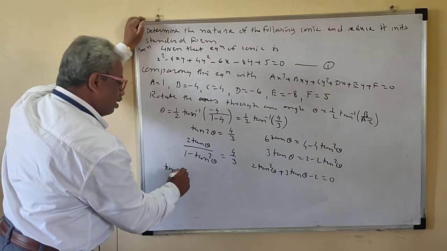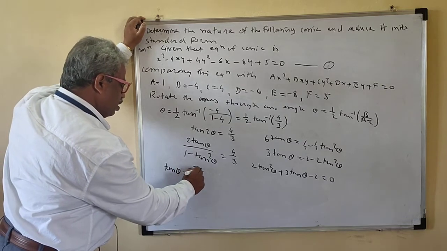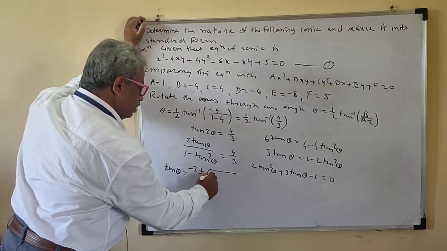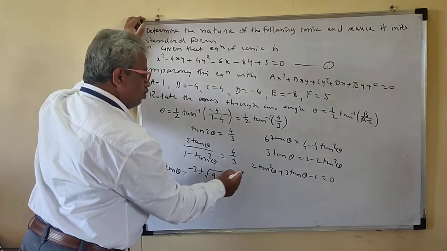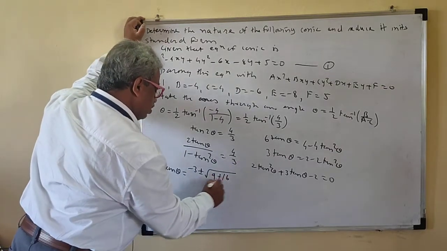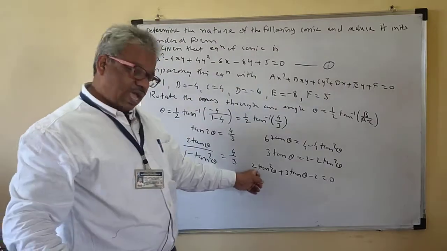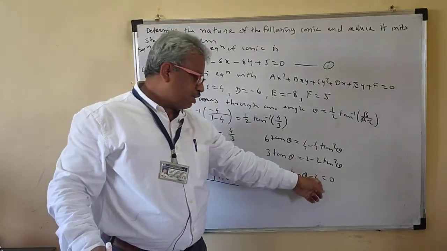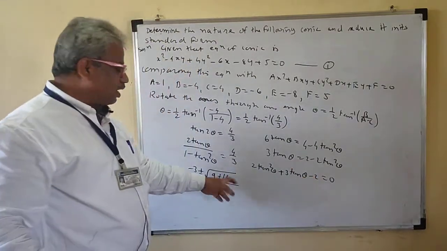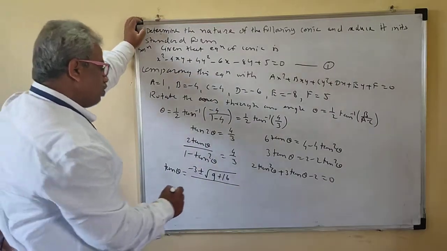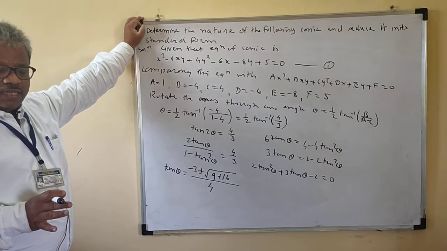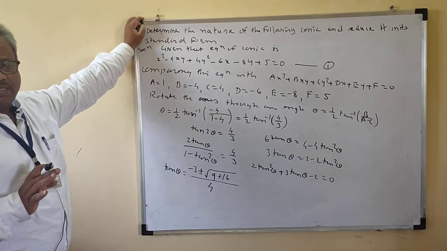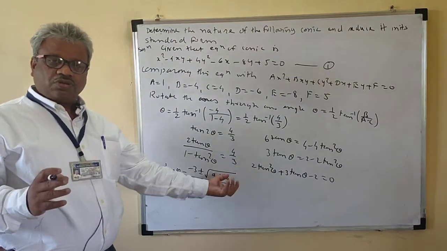So tan theta is minus b, so minus 3 plus or minus root of b square, which is 9, minus 4ac. Your c is minus 2, so it becomes plus. 4 a is 8, 8 into 2 is 16, so minus becomes plus 16, upon twice a. Your a is 2, so twice a is 4.